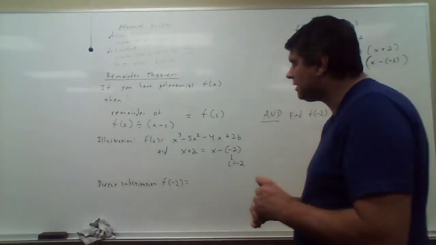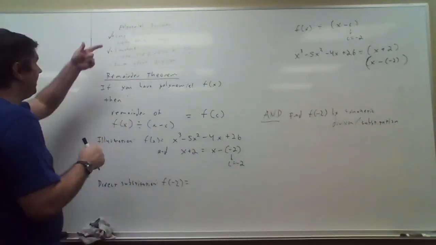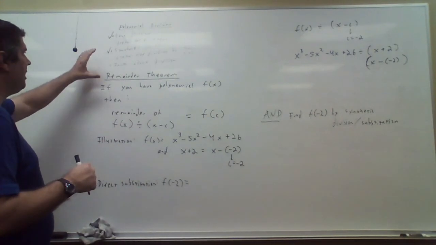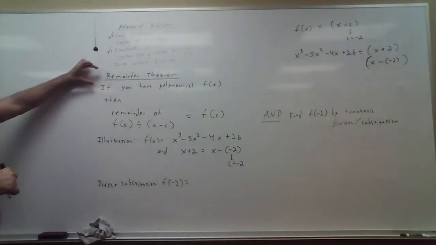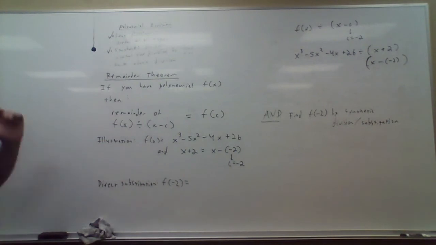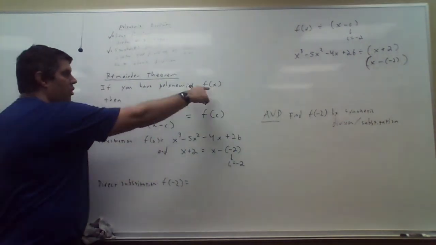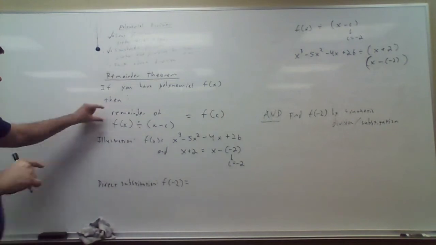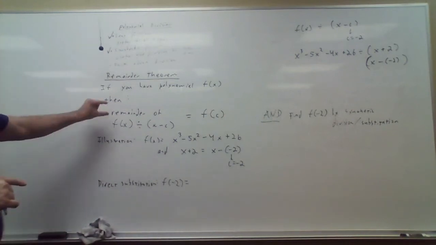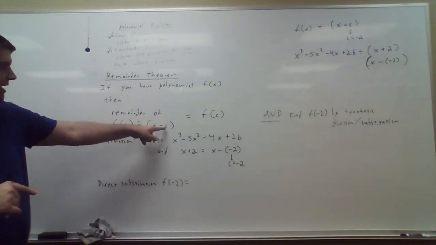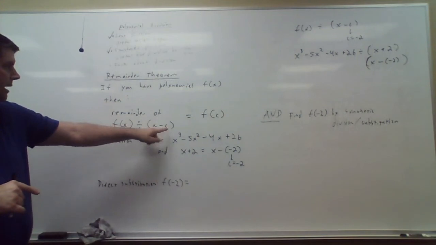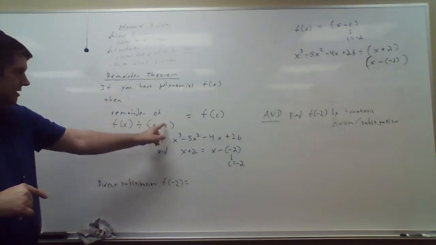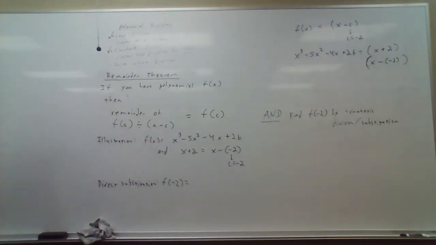Okay. Now, we've done long division, we've done synthetic division. I'm going to talk about a couple theorems. The first one is the remainder theorem. The remainder theorem says that if you have some polynomial f of x, then the result of polynomial division by x minus some number is the same as f of that number.